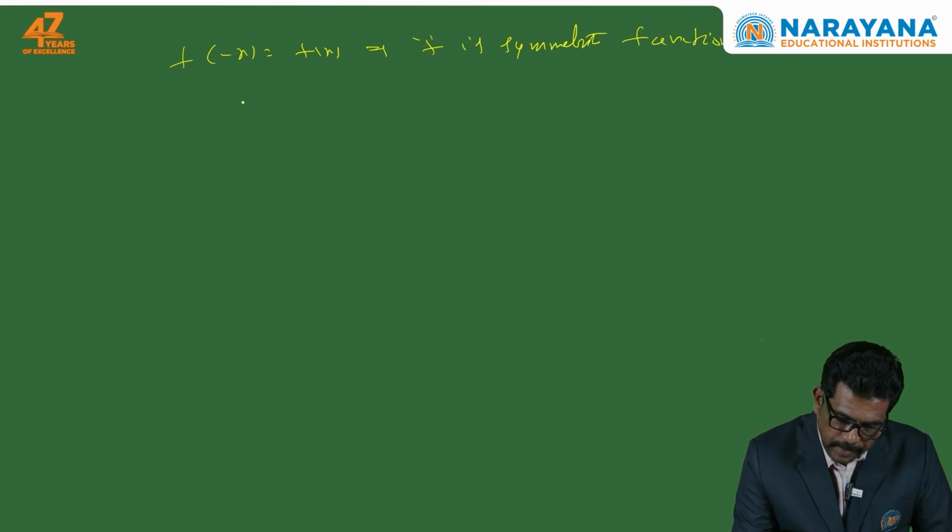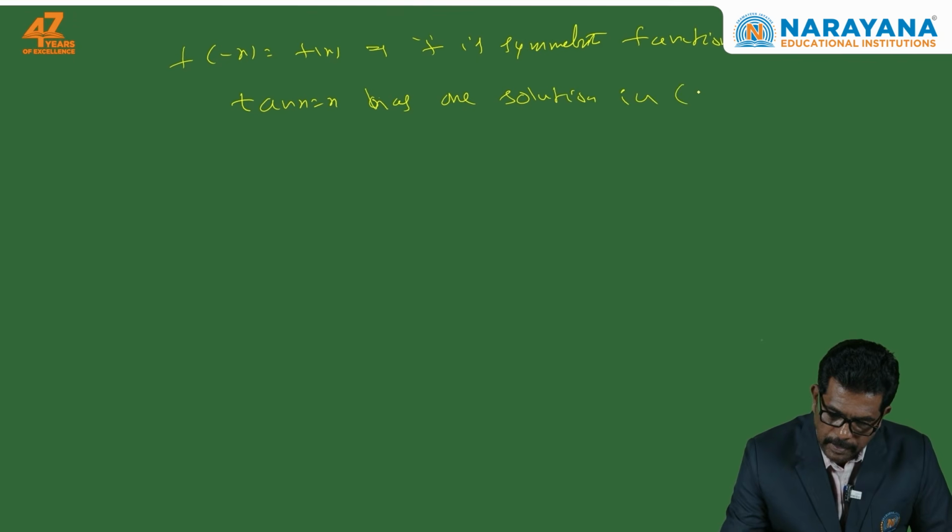Hence, there exists one more root for tan x is equal to x, one solution in the interval 0 comma minus 2 pi.